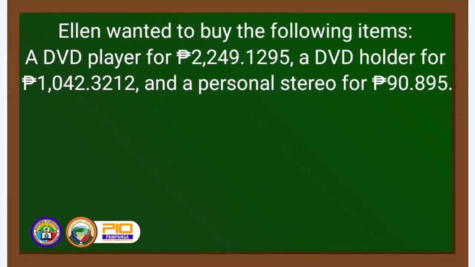Ellen wanted to buy the following items: a DVD player for 2,249 pesos and 1,295 10,000ths, a DVD holder for 1,042 pesos and 3,212 10,000ths, and a personal stereo for 90 pesos and 895 thousandths.